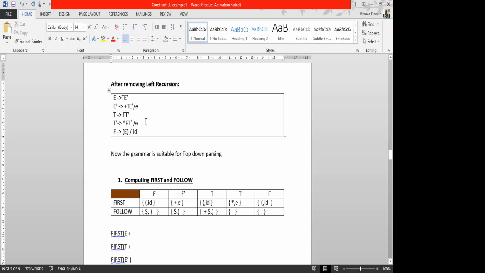Suppose the question is asked with the previous grammar, you have to convert it to this grammar, then only you have to continue. Now you take down the steps to design an LL1 parser. First step is computing first and follow.